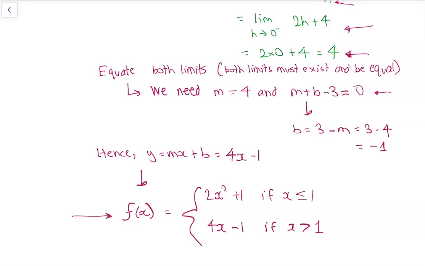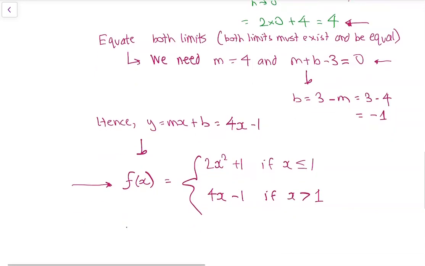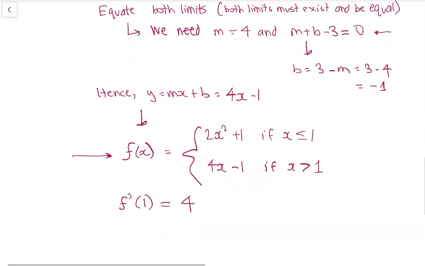So its derivative at 1, so f dash of 1 is going to be equal to 4. That's because the left-hand side limit and the right-hand side limit are both equal to 4. And also, more importantly, this limit exists. This derivative exists. So it's differentiable at x equals 1.